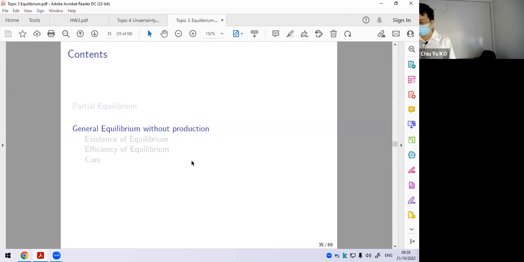This is basically what we covered, and this is the first welfare theorem. Any Walrasian equilibrium is on this line, so it's Pareto efficient, and any Pareto efficient outcome can be implemented by a Walrasian equilibrium.